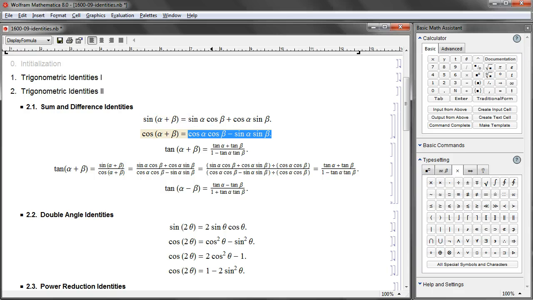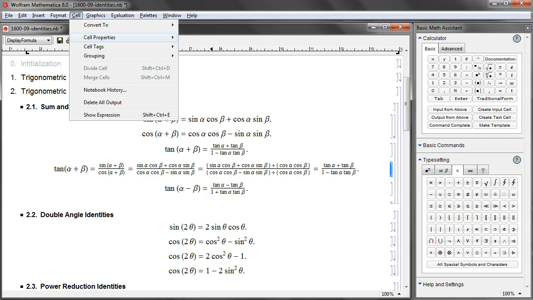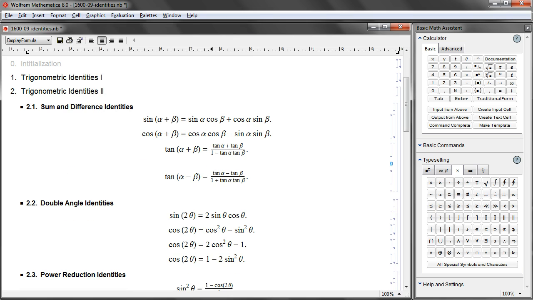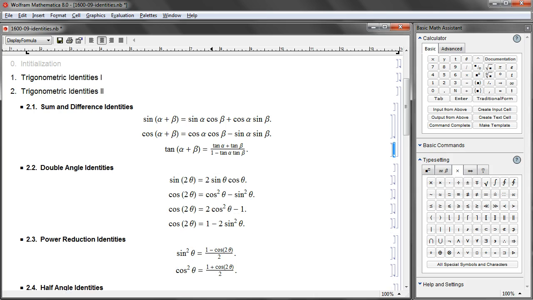And then divide both numerator and denominator by cosine of alpha times cosine of beta, and with some simplification, we get what we want. And applying alpha minus beta equals alpha plus negative beta, again, we're going to get the difference identity for tangent as well. The other identities, they're all coming from the basic sum identities for sine and cosine.